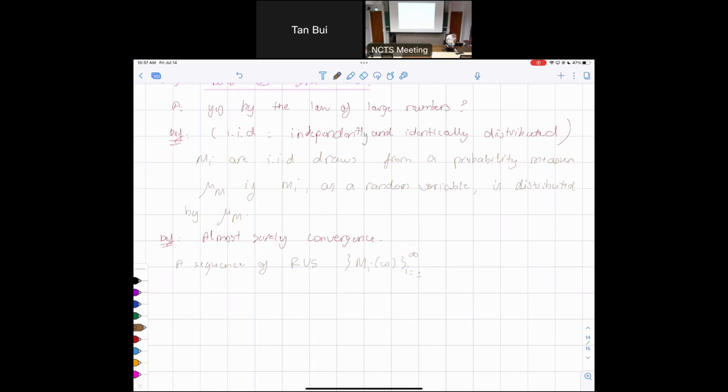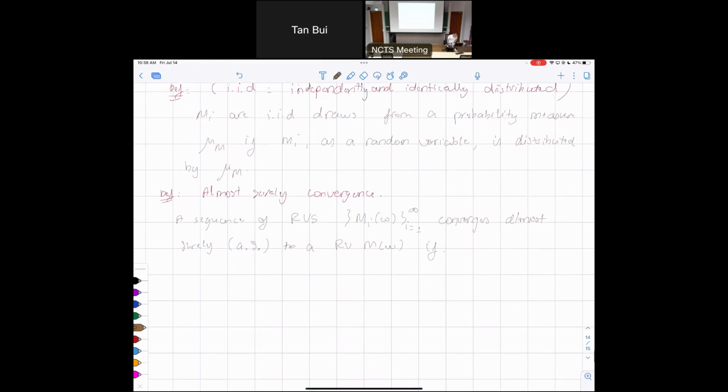The sequence converges almost surely, typically written as a.s., to a random variable M of omega if the following is true.